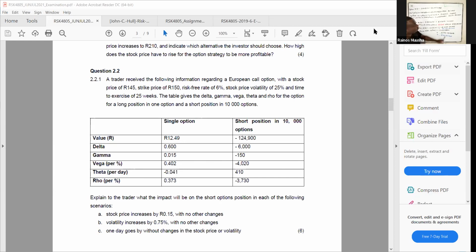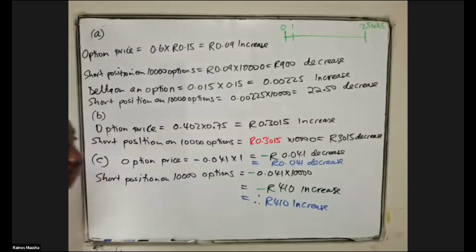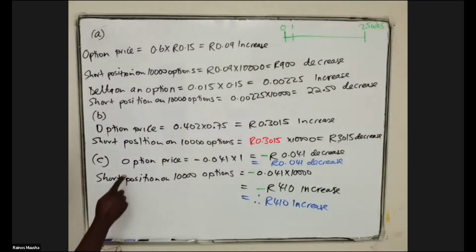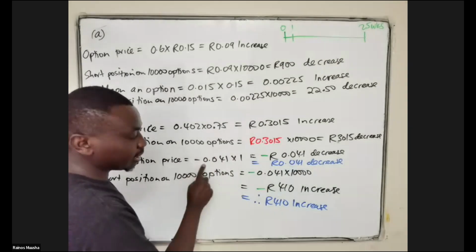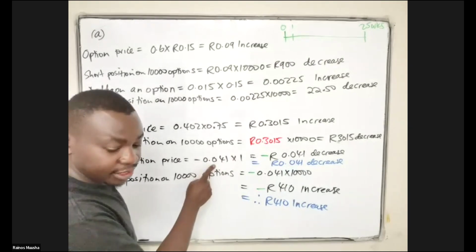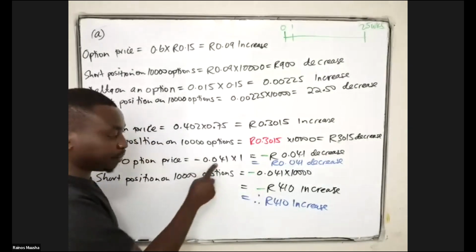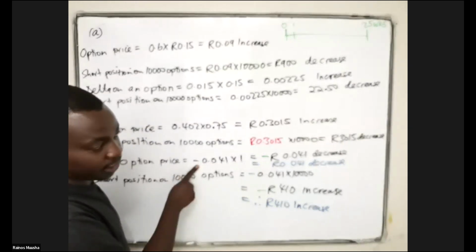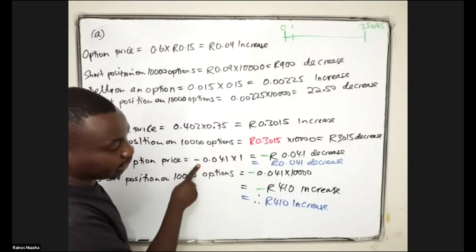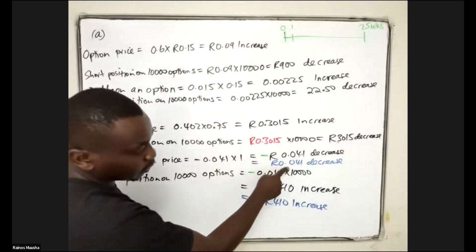So if you've moved forward by 1 day, you expect the option to go down. That's why the theta is already given as negative, because they are acknowledging that the option price is expected to go down. And by how much? If you move forward 1 day, it's going to go down by 0.041.